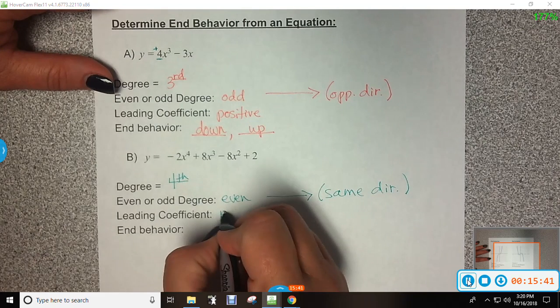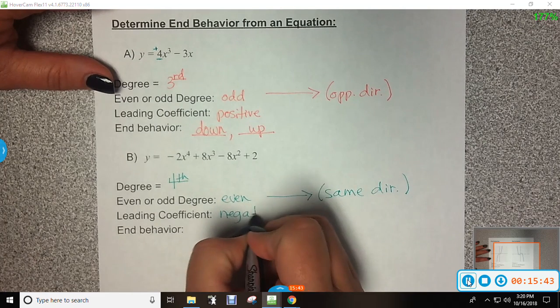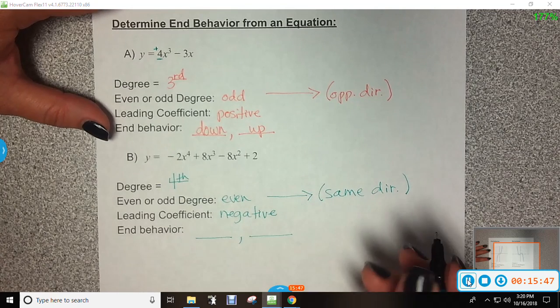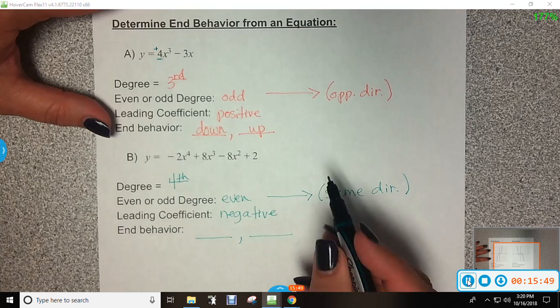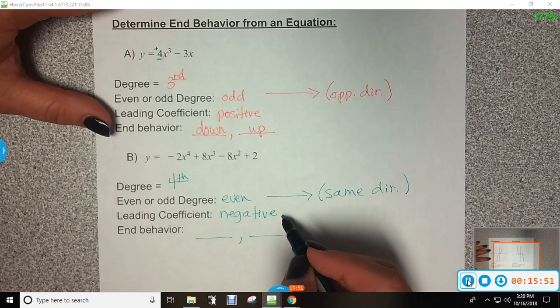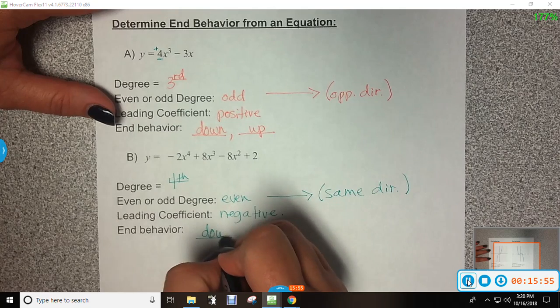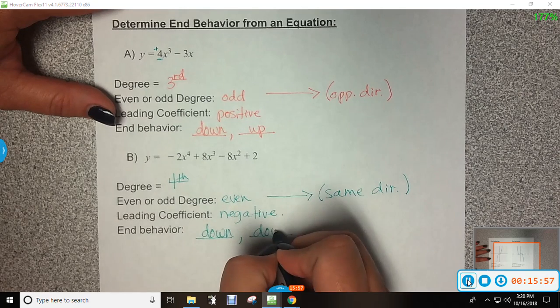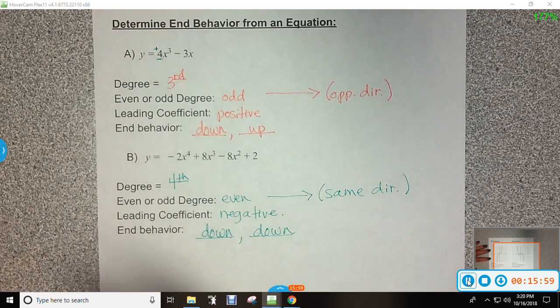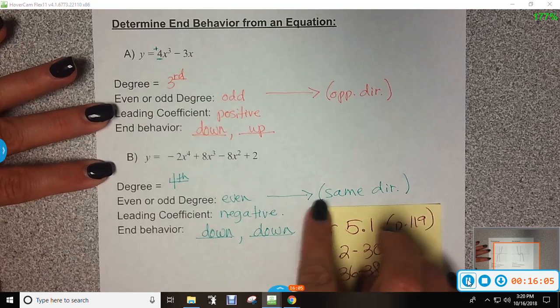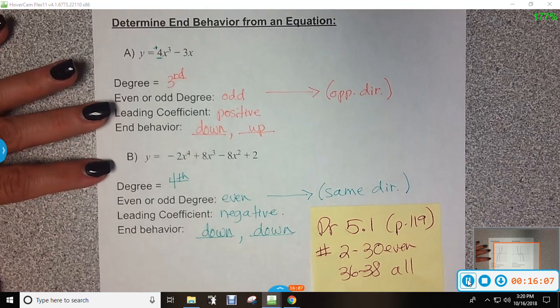Negative. So left and right, they're both going to go the same way. So which way do they both go? Down. So it's down, down. Alright, so there is your assignment.